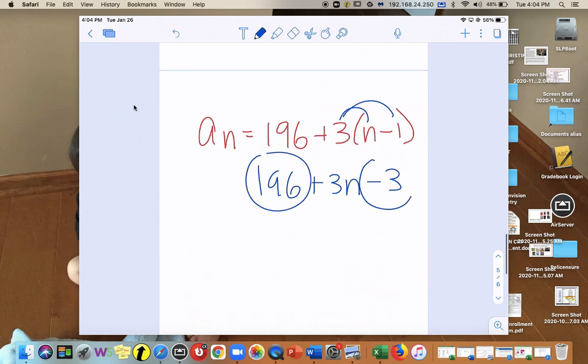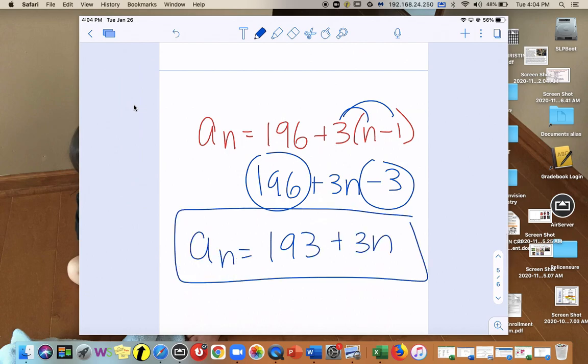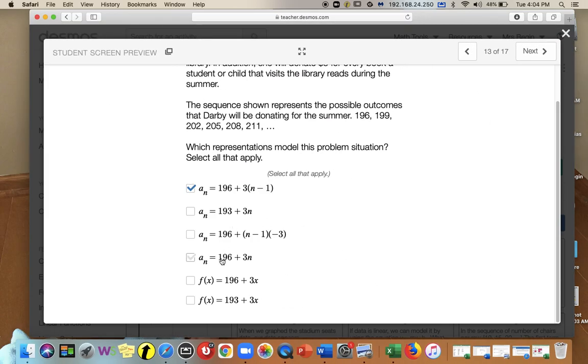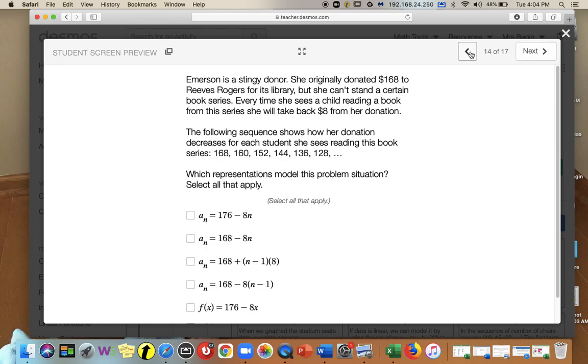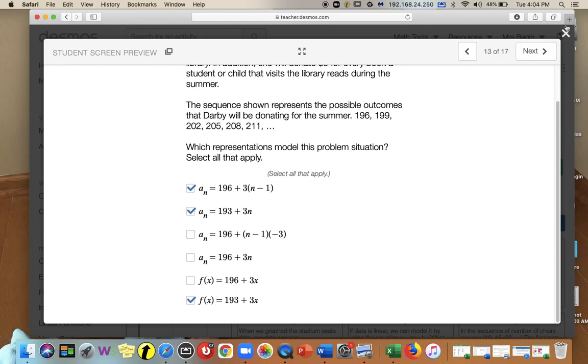We'll combine. So 193 plus 3n. Here's another way to write this. And let's see if that was something that was listed. So here's the 193 plus 3x. That will also work. And 193 plus 3n. So again, 3 representations that work for that one. I should go back so you can look at that.